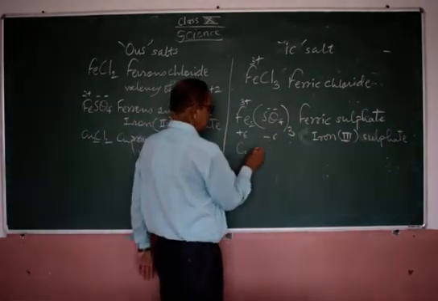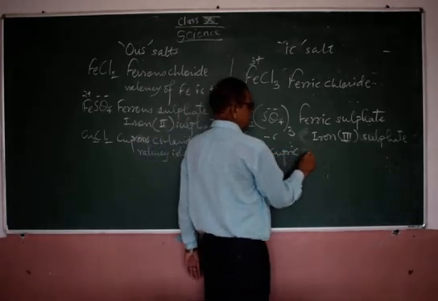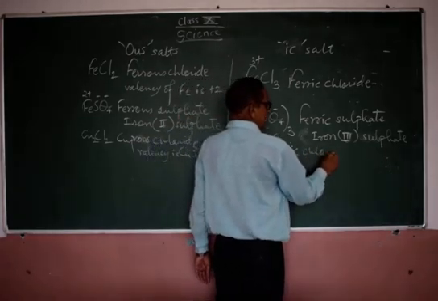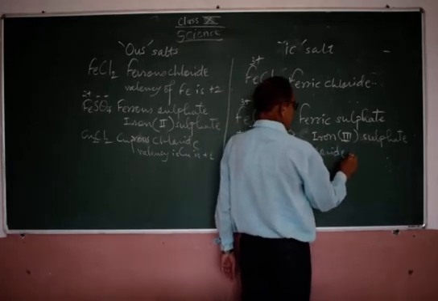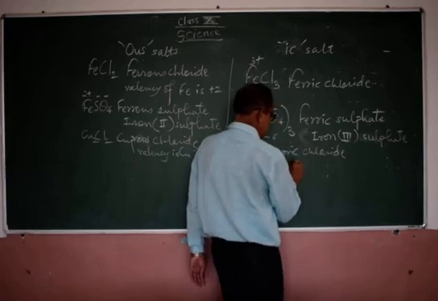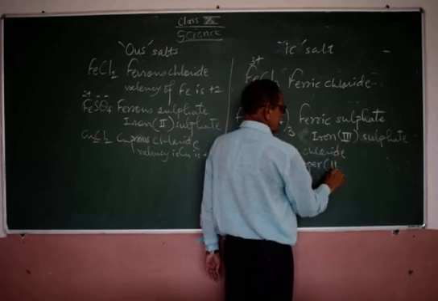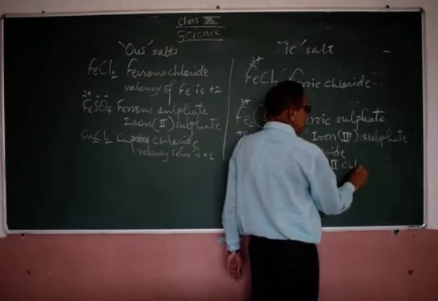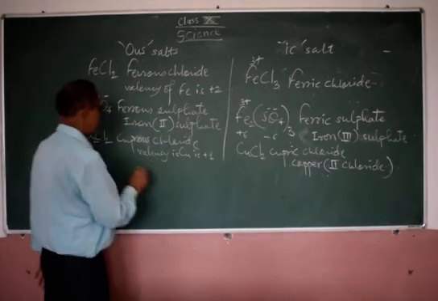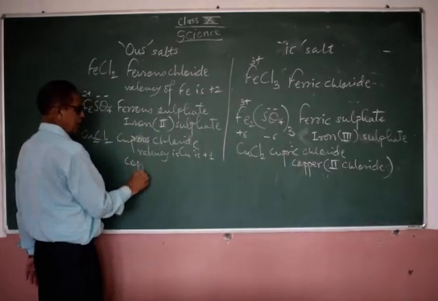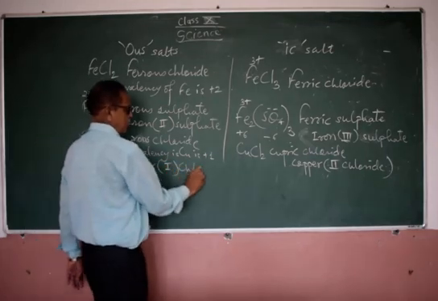Here Cu2Cl2, cuprous chloride. We can write copper 2 chloride, and here we can write copper 1 chloride.